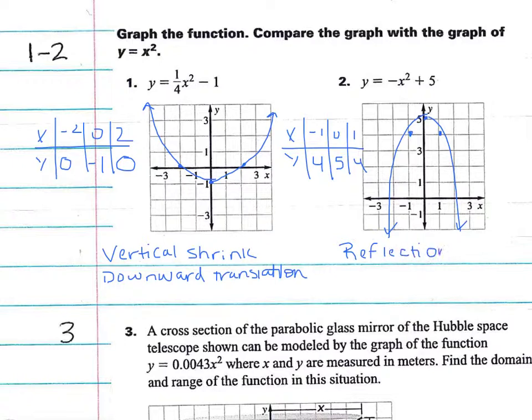The negative makes it a reflection in the x-axis. And it is an upward translation, because now the vertex is above the x-axis.